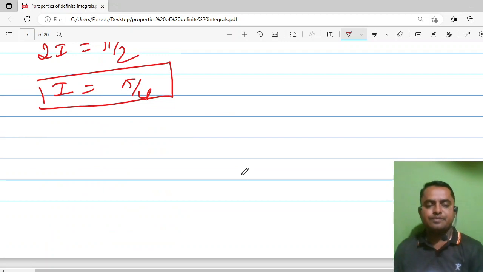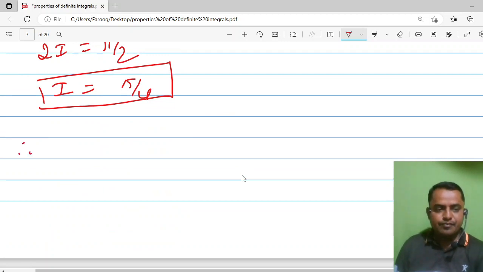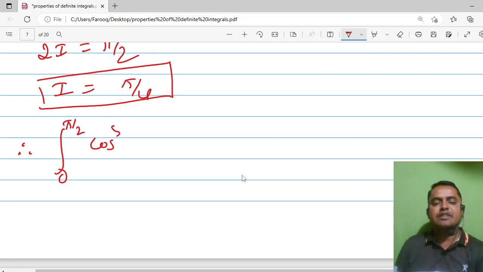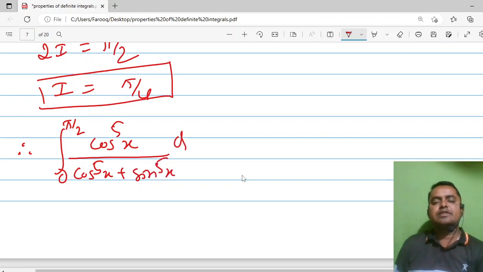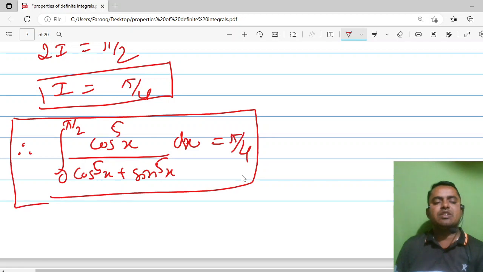Therefore the integration from 0 to 5 by 2 of cos raised to 5x divided by cos raised to 5x plus sin raised to 5x, dx, is equal to 5 by 4. This is the solution, the final answer of the question.